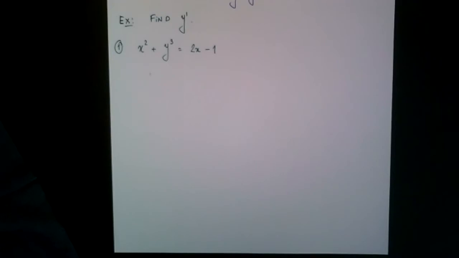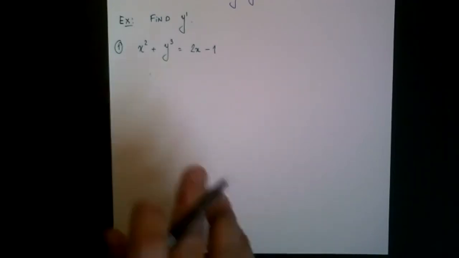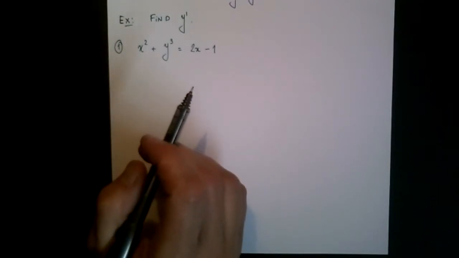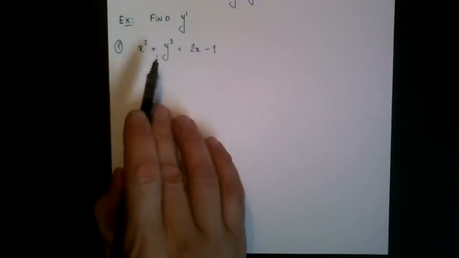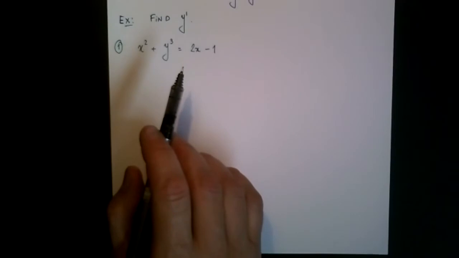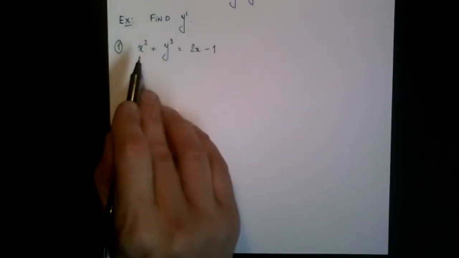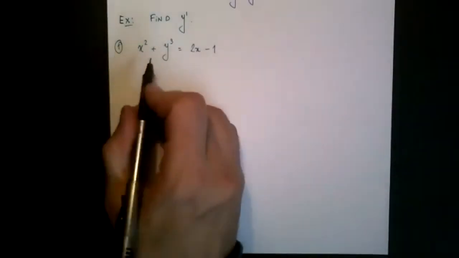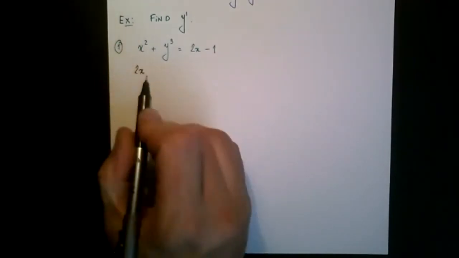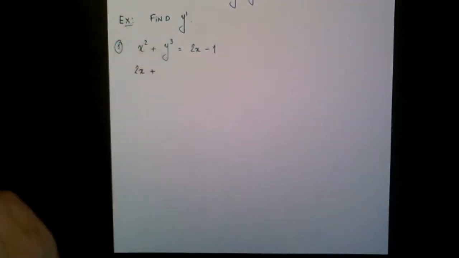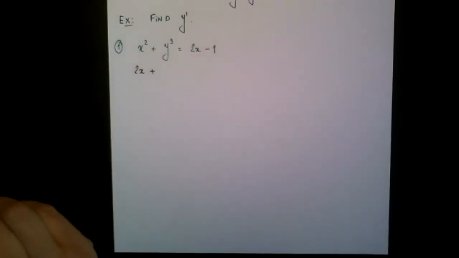That's very basic, just to start. So I'm going to do the derivative of both sides. The derivative of x squared is, of course, 2x, plus the derivative of y cubed is what? What's the derivative of y cubed? 3y squared.